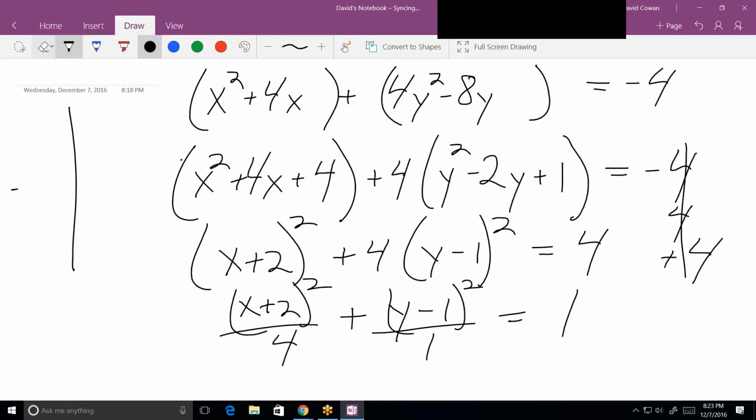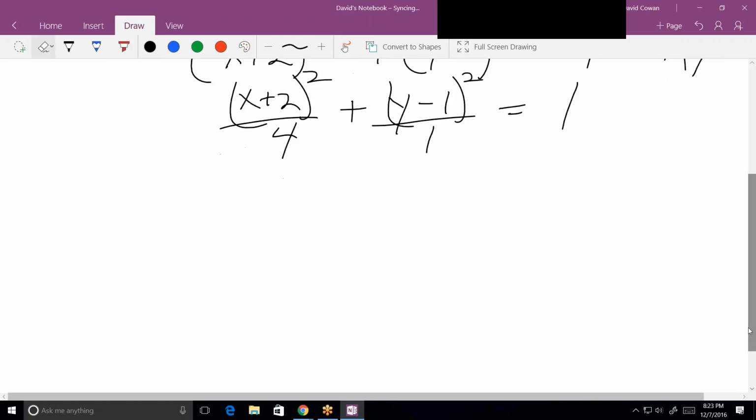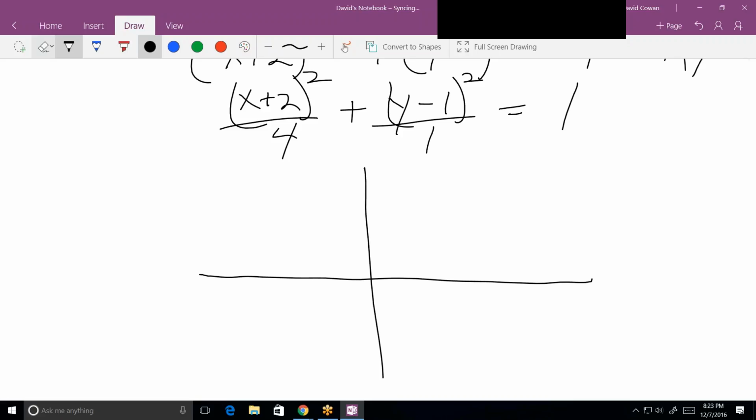Hold on, I need more room to graph this. Let me move it down. And we're just going to find all 7 points. Where's the center? Negative 2 comma 1.